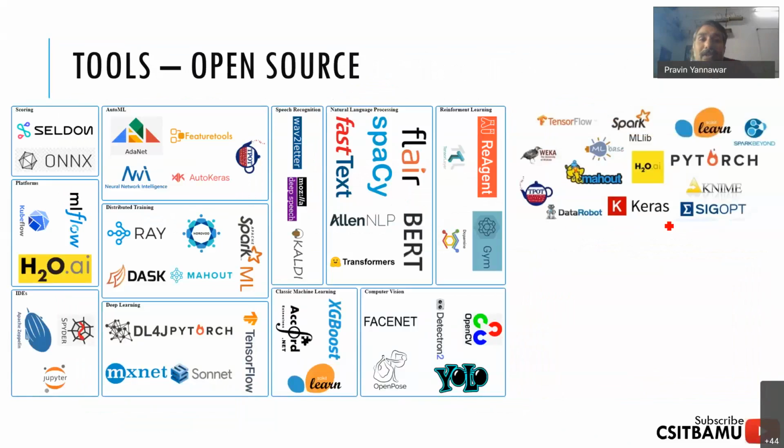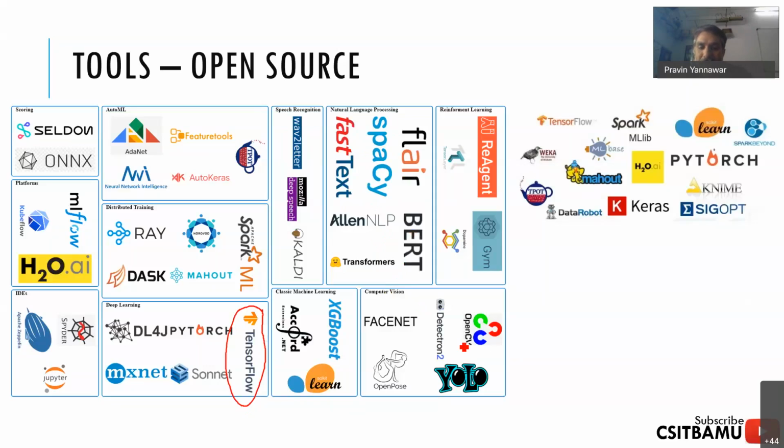Okay, then about the tools. This is probably the last slide, the open source tools. These are the tools which you can go for. Some of the tools you are already using, but the good tools are for deep learning: you can have MXNet, Sonnet, TensorFlow. TensorFlow is the most important tool you can go for. As far as natural language processing, there are tools like fastText, spaCy, AllenNLP, transformers, Flair, BERT.